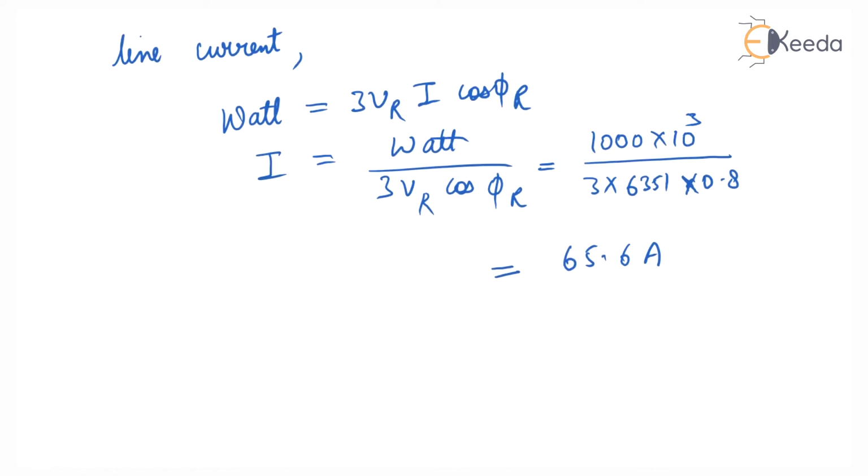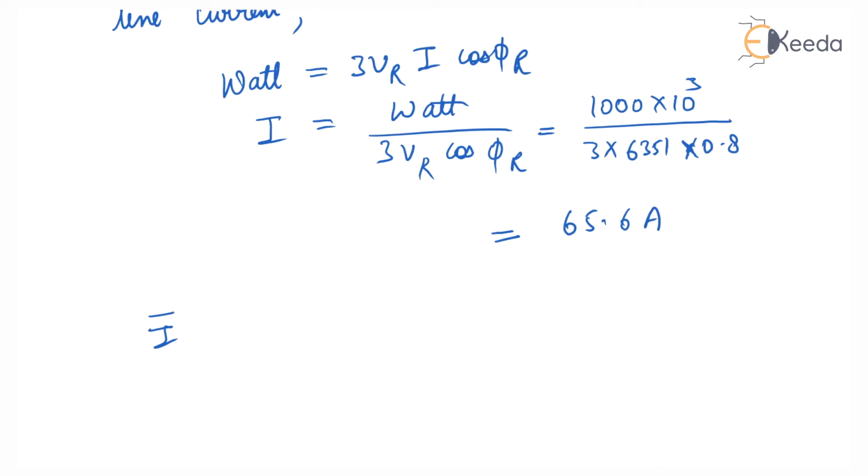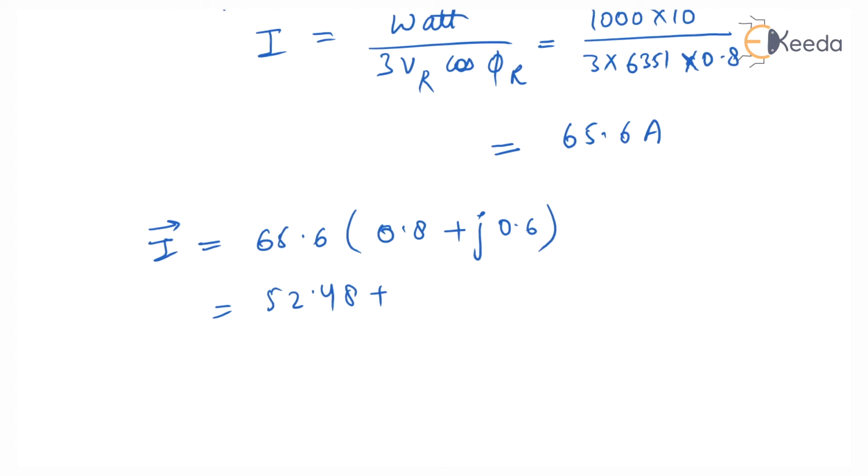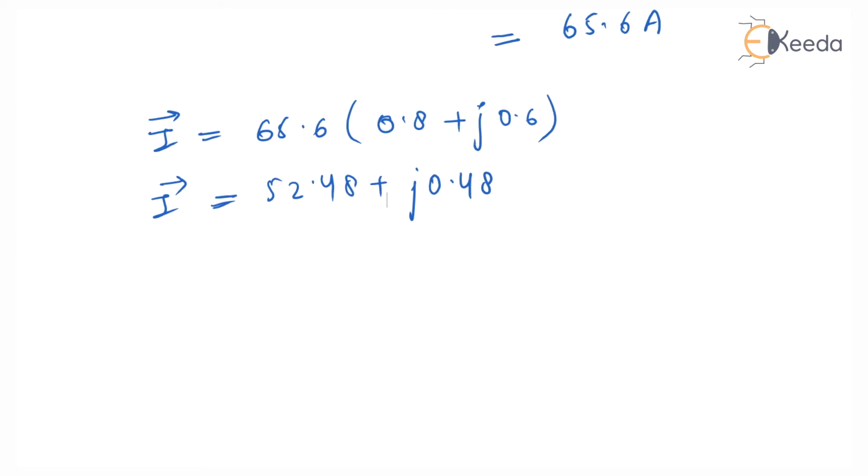Now put the value of I. Then vector I is equal to 65.6 into (cos phi r, meaning 0.8, minus j 0.6). Now vector Z is equal to R plus jXL.